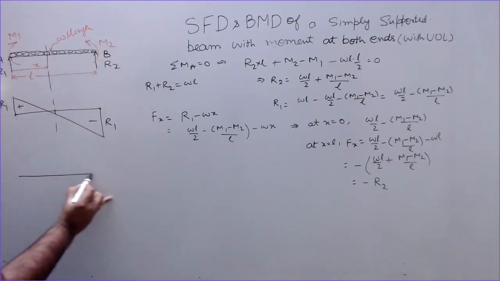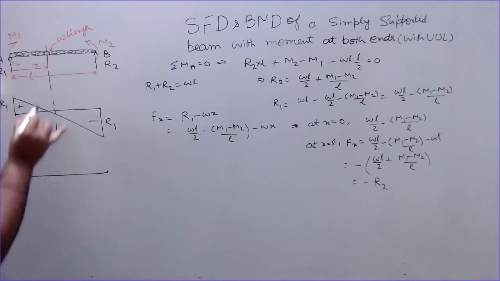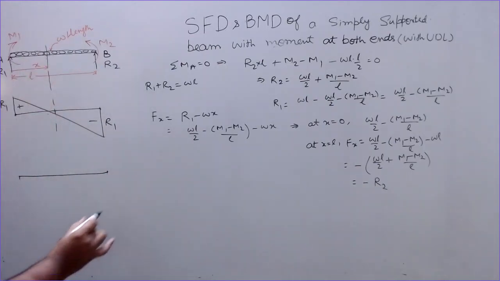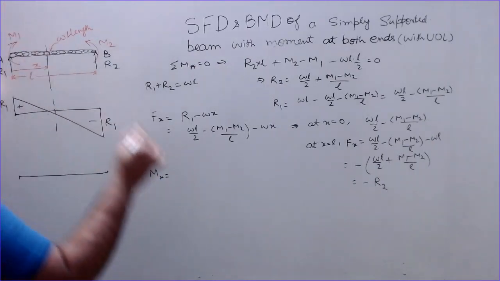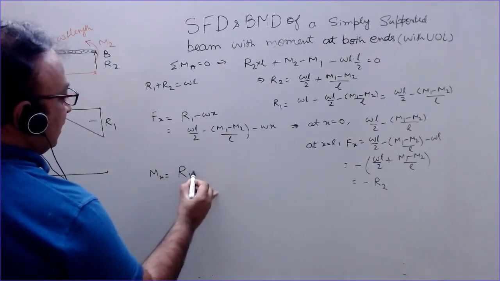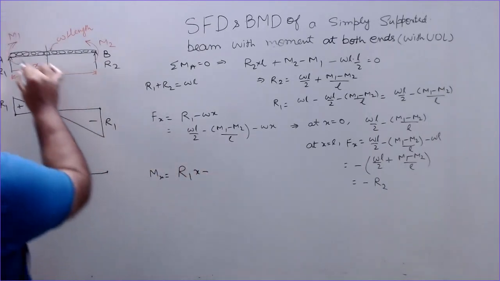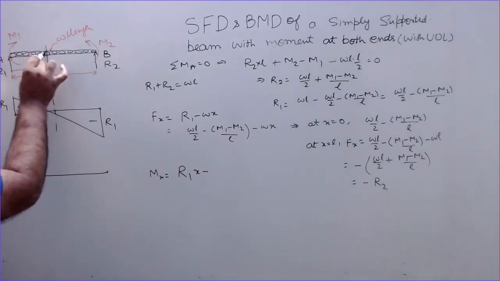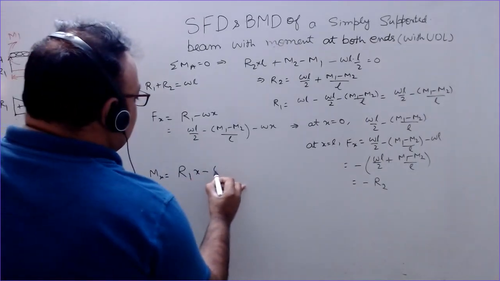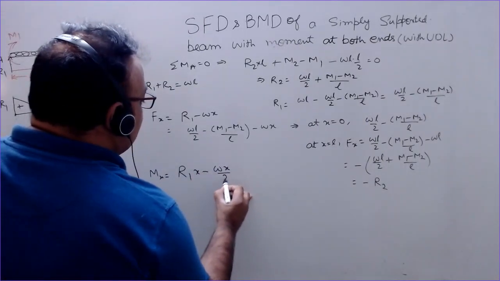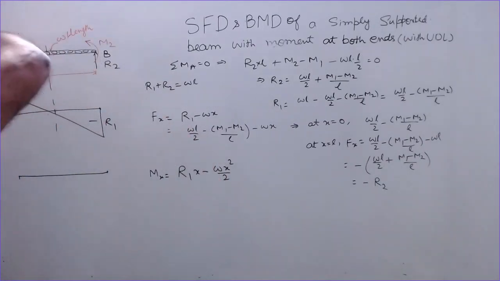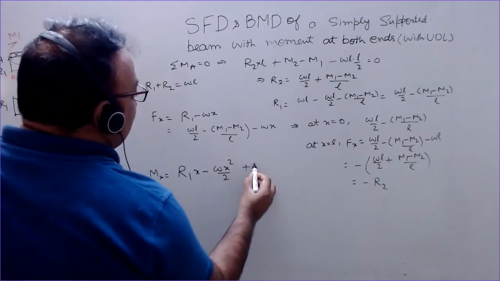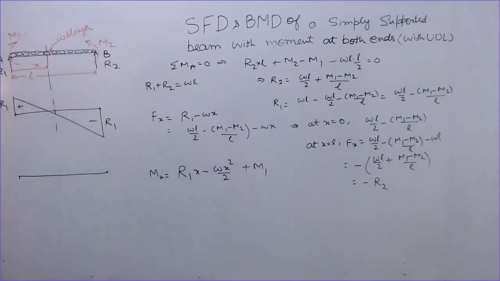Now we can draw the bending moment diagram taking the same section. So Mx is the moment of R1, positive, R1 into x, minus the moment of the total load Wx acting at a distance x by 2 from this end, Wx into x by 2, that is Wx square by 2, and M1 is also making a positive sense here.